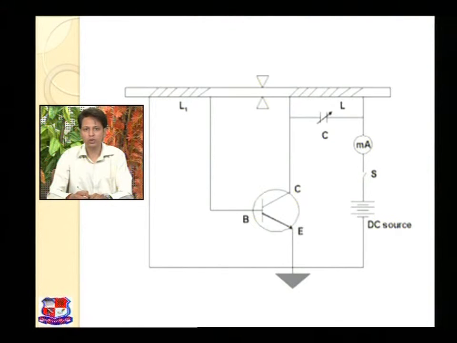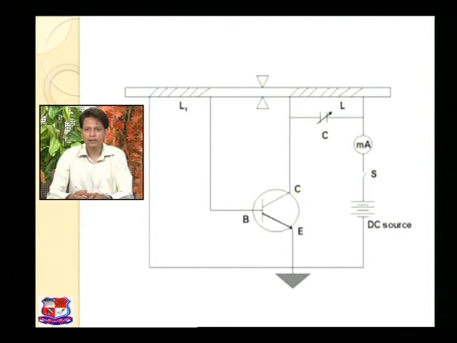So in construction, the L coil is in parallel connection with the variable capacitor, which is also called a tank circuit or a resonant circuit.